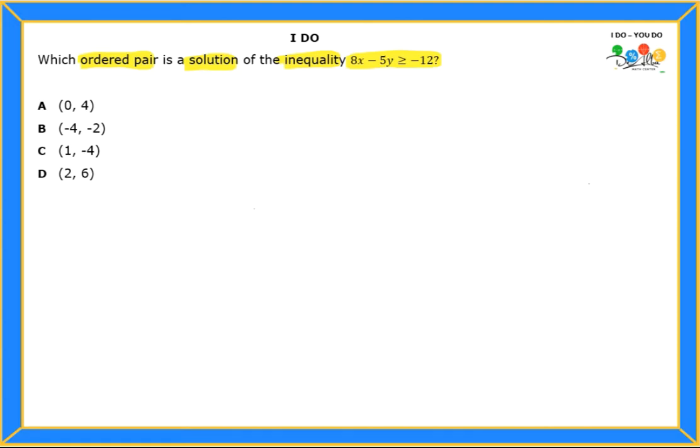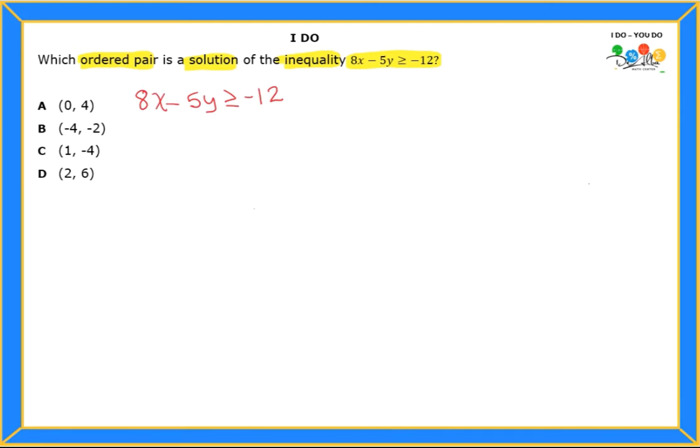Well, it means that if I was to choose a certain point with coordinates x and y, and I replace those values in my inequality, it should make the statement true. So let's start with the first one. I'm going to write down my inequality just the way it is, with the symbol and everything.